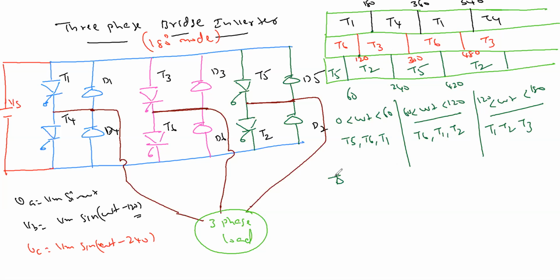So I'm saying 5 6 1, 6 1 2, 1 2 3, 2 3 4, 3 4 5, and 5 6 1, and again it repeats every 60. 1 2 3, 2 3 4, 3 4 5. This is 4 5 6 is missing.